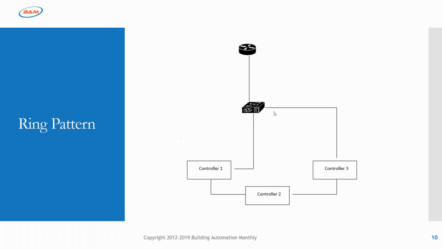What you can't do is mix and match the actual architecture patterns. Does that make sense? You can't decide you have a ring and then say, I'm going to stop in between these controllers and make that a bus, because that would then make both of those a bus. That should be pretty straightforward.